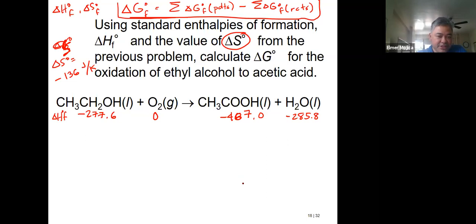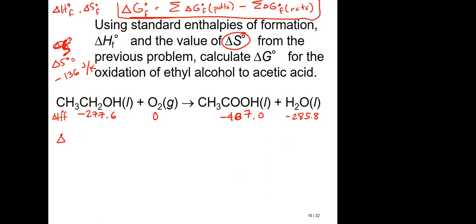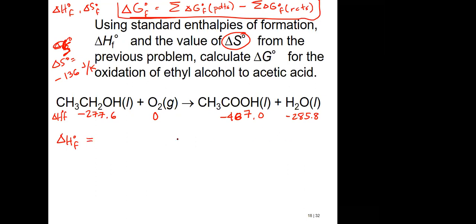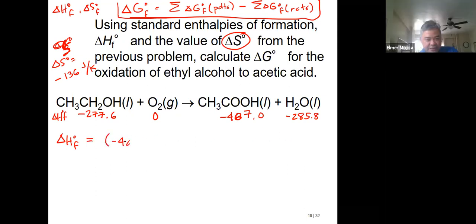So what would be the delta H that we can get from this reaction? All of them are 1 mole. So it's just negative 48.0 plus negative 285.8 minus negative 277.6 plus 0.